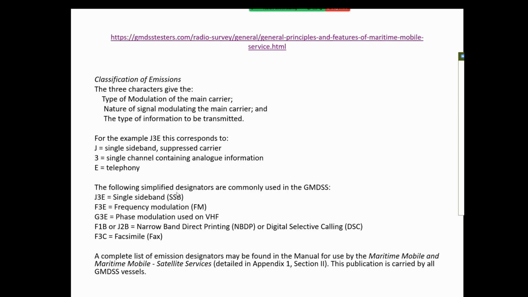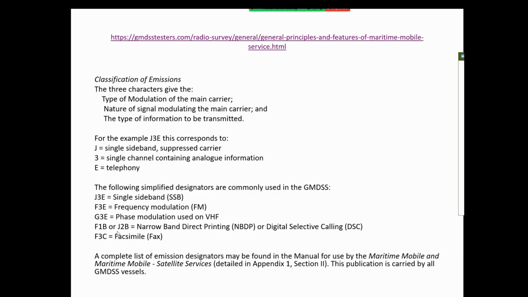The following are the simplified designators that are commonly used in the GMDSS system. J3E is the most common. That's the single sideband, the spoken word communications. Apparently, if it starts with an F, it's going to be frequency modulation. If it starts with a G, it's phase modulation.